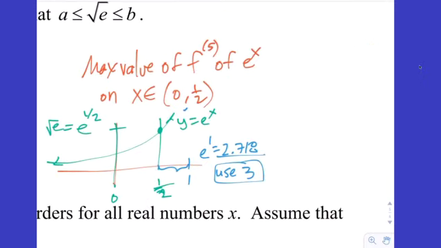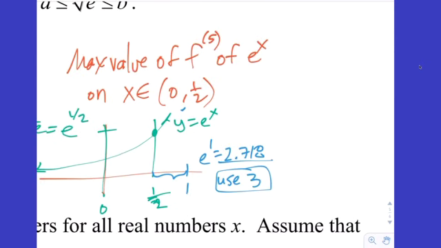So could we have done better than using 3 as an upper bound? Yeah, right? You could have used 2.718. If you have stuff memorized, like if you knew e to the something slightly bigger than 1/2, you could use that. But most people didn't have that memorized. So the idea here is the trade-off. We want it to be as accurate as possible, but we also want to make it easy as well.